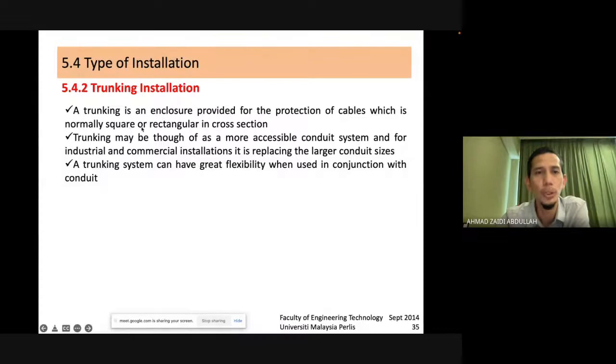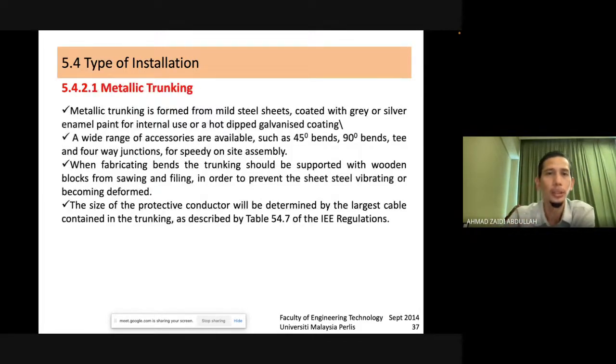which is normally square or rectangular, its shape is rectangular. So trunking may be thought of as a more accessible conduit system, because usually we use conduit for many cables. Metallic trunking is formed from mild steel sheet, coated with grey or silver enamel paint for internal use, or hot dip galvanized coating.